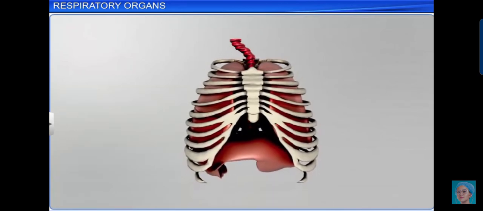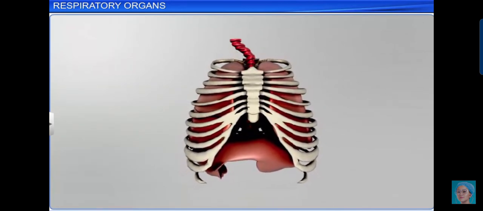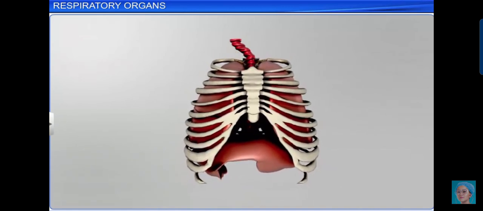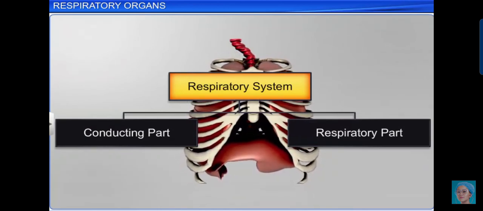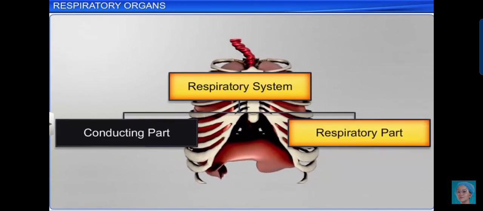The lungs in the thorax are arranged so that any change in the volume of the thoracic cavity reflects on the lung cavity or pulmonary cavity. Based on function, the respiratory system is divided into two parts, the conducting part and the respiratory part.